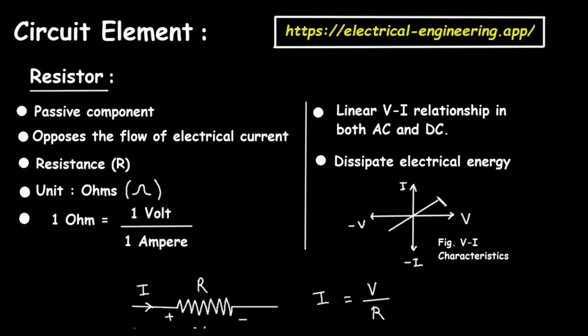Here we can see the graph in the first quadrant and third quadrant is the same. That means the resistor is a linear element, and it shows linear VI characteristics in both AC and DC. Now, a resistor dissipates electrical energy.